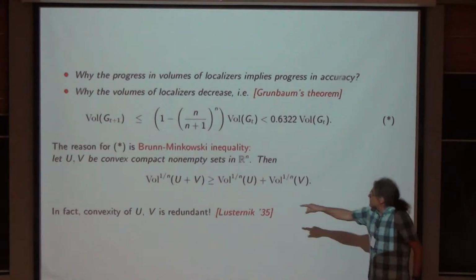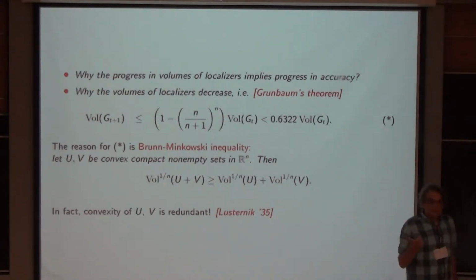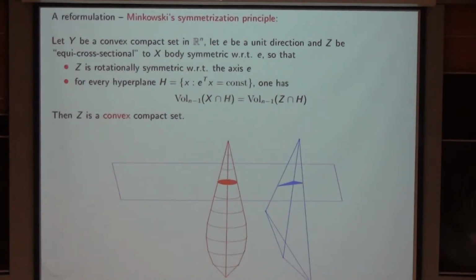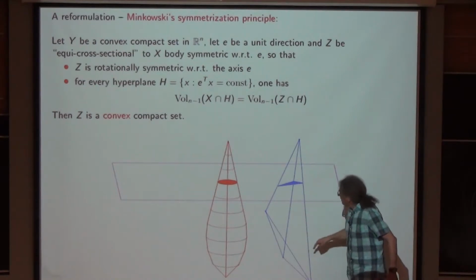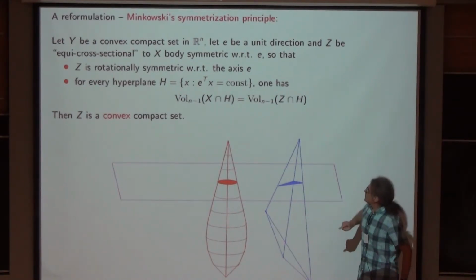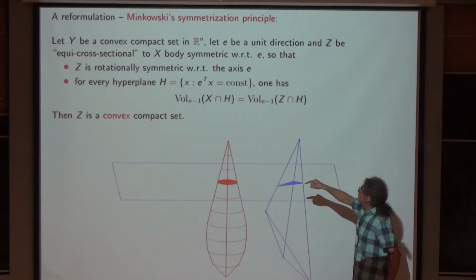And as it happens, the convexity of U and V is really redundant. It even works for non-convex sets. The proof goes through the Minkowski symmetrization principle, and it's exactly the previous result. So imagine you have a convex set. Now you choose a direction, and you symmetrize your convex set around this direction.